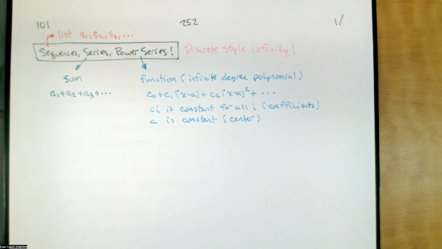Actually, check that. I know why I picked this up. I don't know where I got this from. So those are the things. A sequence is a list, a series is a sum, a power series is a function.